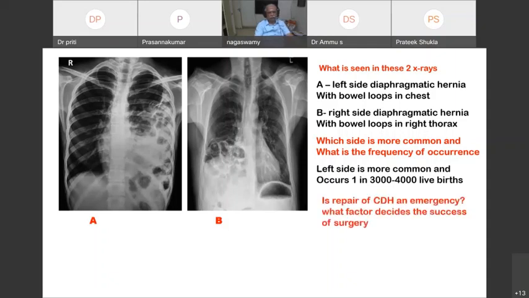What factors decide the success of the surgery? Do we have to immediately operate on a baby born with a congenital diaphragmatic hernia on the first day of birth, or can you wait?